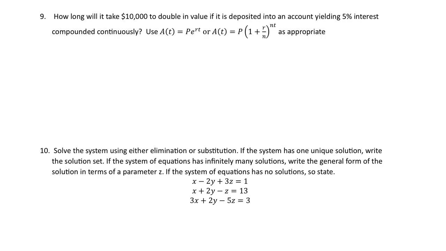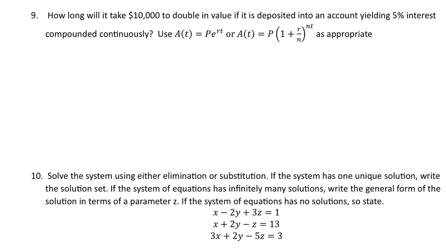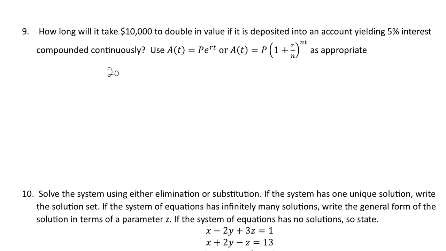So we have 20,000 equals the initial investment of 10,000 times e to the 0.05t. So divide by 10,000 on both sides.